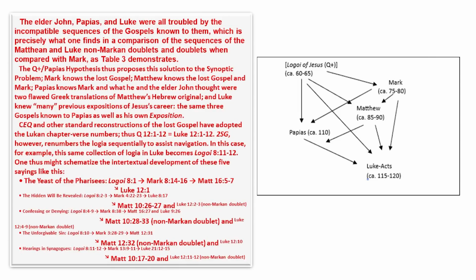And so what we're doing with reconstructing Q, and this is true for the two-document hypothesis and for me, although we have different criteria, we're using criteria the way a textual critic would in order to make judgments about the grandparent text that lies behind the Gospels. And I think we're going to see that it's an exciting project, and it yields a very important result.